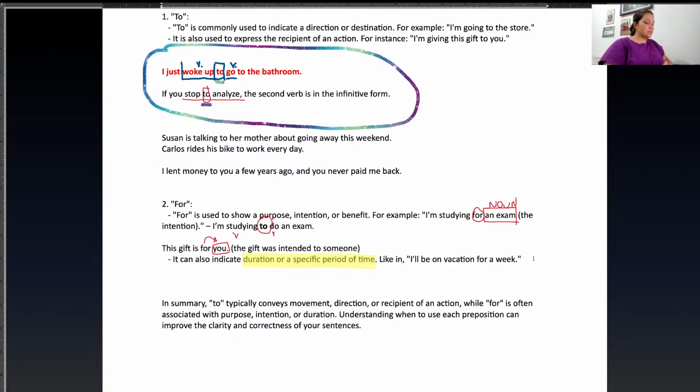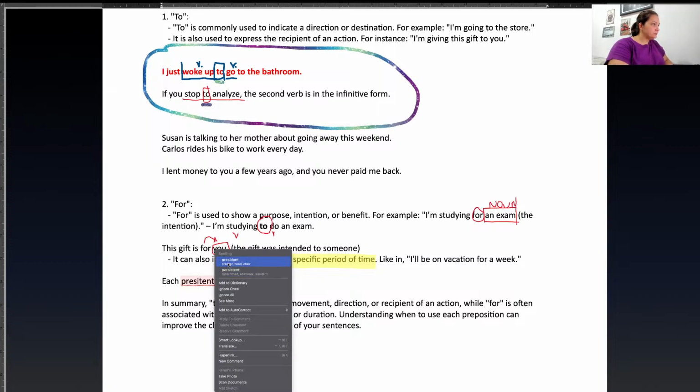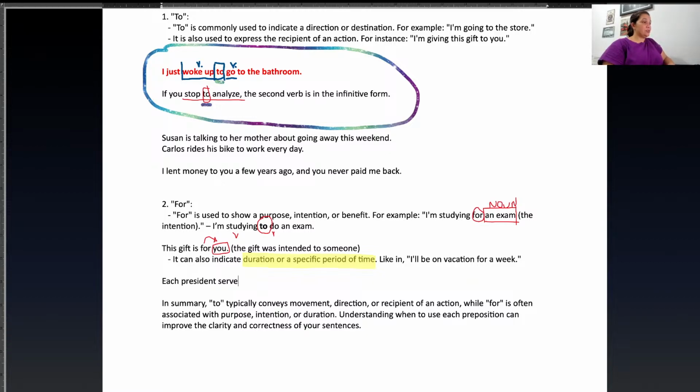Certo? Each president serves, president, not then. Each president serves a term for 4 years, ok?